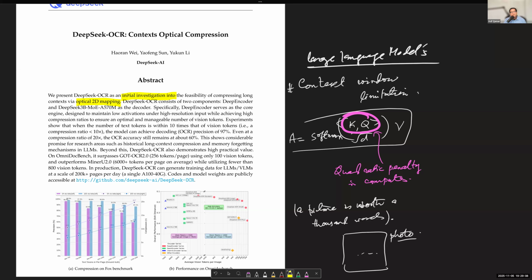Now remember guys that encoders typically are bidirectional. Because they are bidirectional, everything is paying attention to everything. You'd say that, well, that's alarming. Suppose on a page we have hundreds or thousands of patches, and they will all be paying attention to each other.